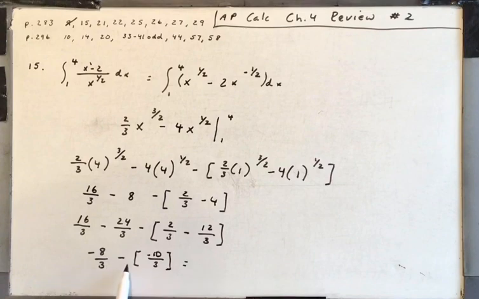So that's going to be negative 8/3 plus 10/3, which is 2/3. All right, negative 8/3 plus 10/3, so that'd be a positive 2/3.